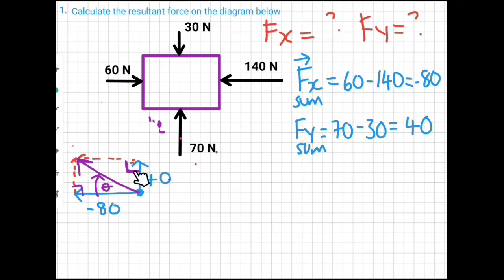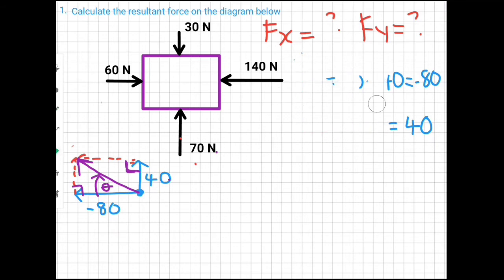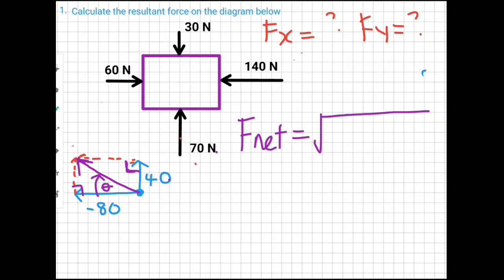So I can now easily calculate the magnitude of the resultant by simply saying F net is now equal to the square root of negative 80 squared plus 40 squared.